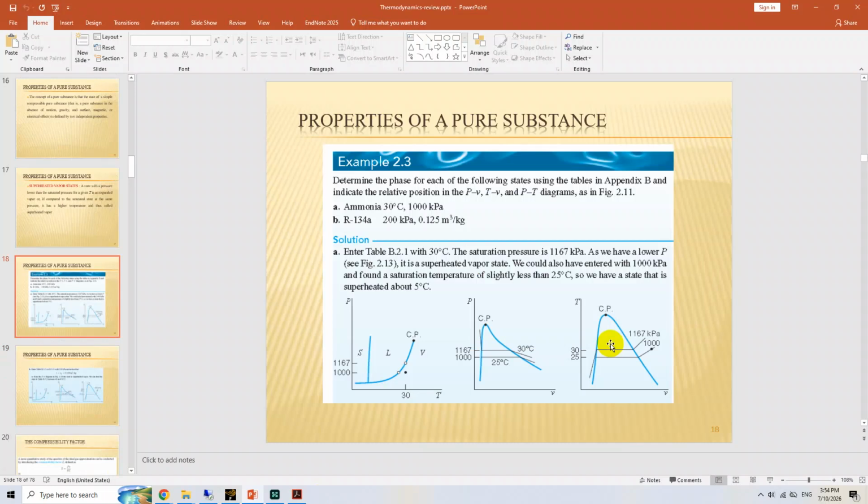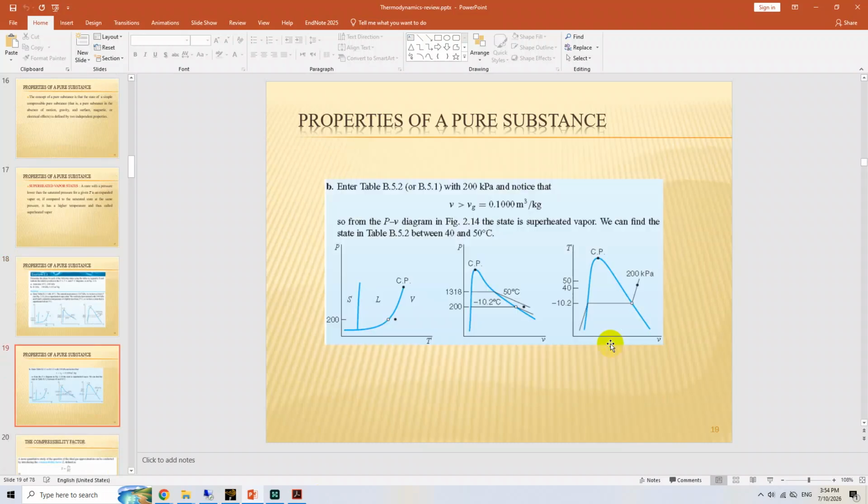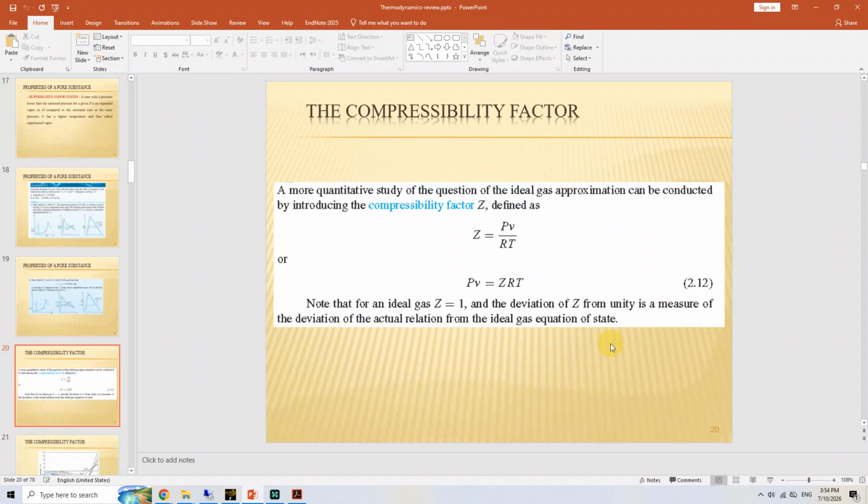For the second case, you can do it for homework at home. I put this exercise for you on the LMS site.